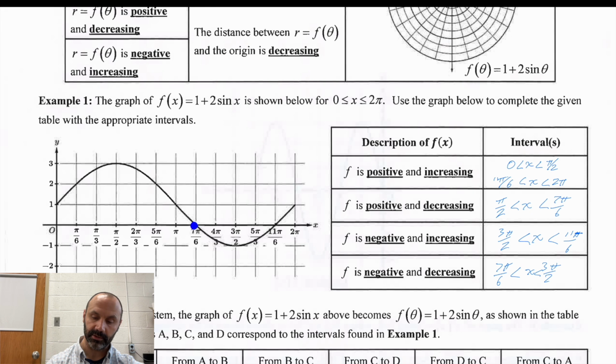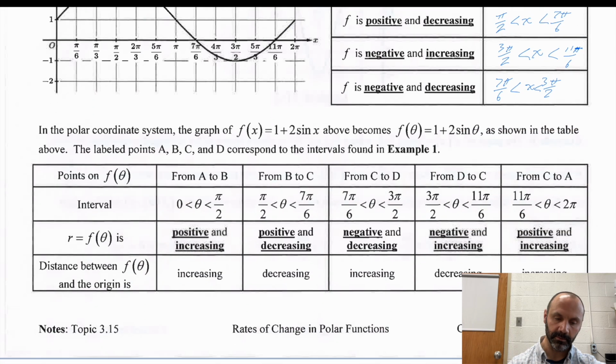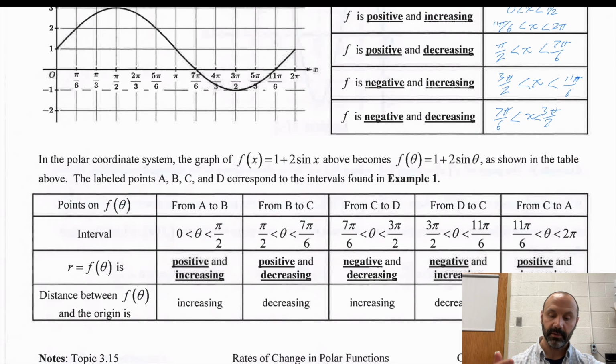But here's where it switches to negative and decreasing, right? So 7 pi over 6 down to 3 pi over 2. So negative and decreasing, and now it's negative and increasing up to 11 pi over 6, but then it switches from negative to positive. And so that's the other interval here where it's positive and increasing. And so in the polar coordinate system, this graph becomes f of theta equals 1 plus 2 sine theta, as shown in the table.